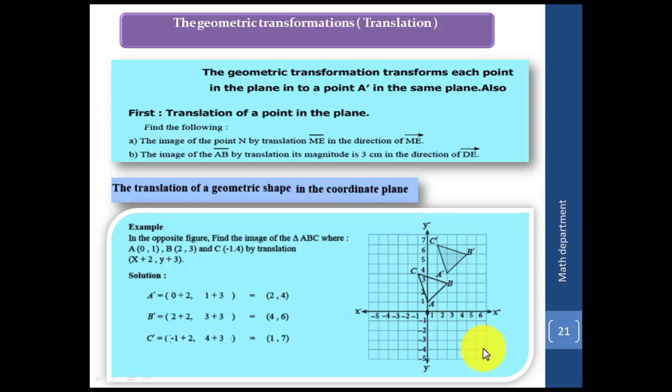B dash equals 4 and 6: move 4 steps in x-axis and go up to 6. This represents B dash. C dash equals 1 and 7: move 1 in x-axis, 7 on y-axis. This represents A dash, B dash, C dash, and this represents A, B, C. The two triangles are congruent, but one is in one position and the other in another position after translation.